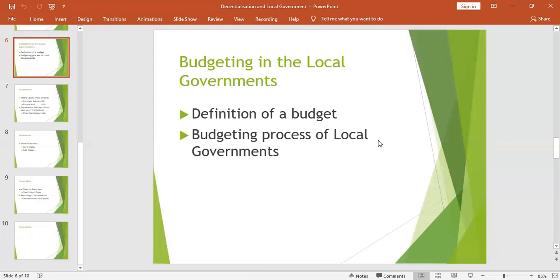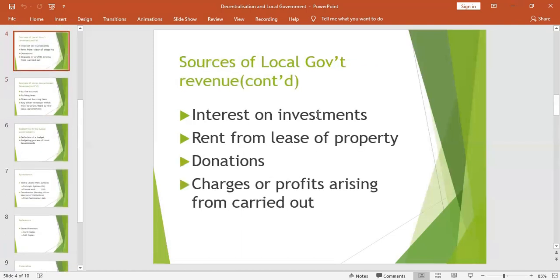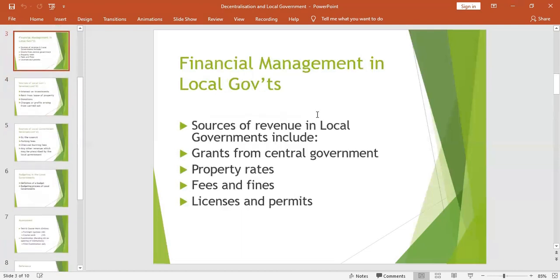And the fifth schedule of the Local Governments Act clearly spells out the regulations governing the local government's revenue. Therefore, the sources of local government revenue include the following.